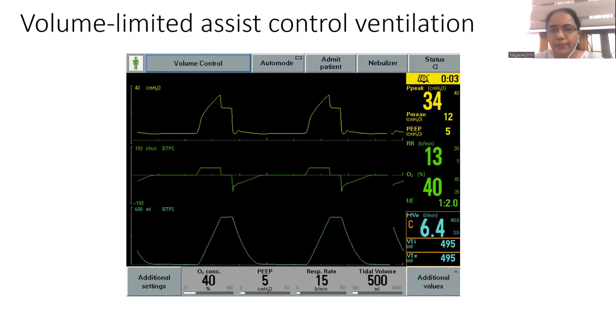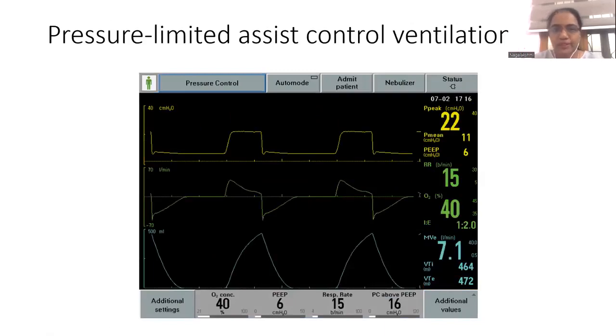Here, if you see, there is a peak pressure of 34, which is variable because the volume is fixed. It also shows the mean pressure, peep, respiratory rate, oxygen, and minute ventilation, and how much is the tidal inspiratory volume and how much is the tidal expiratory volume. So this is about the volume control ventilation.